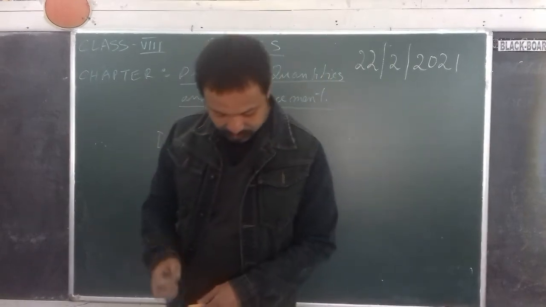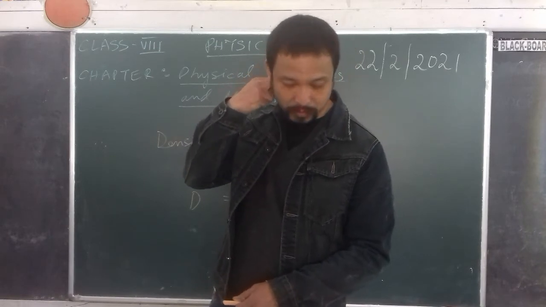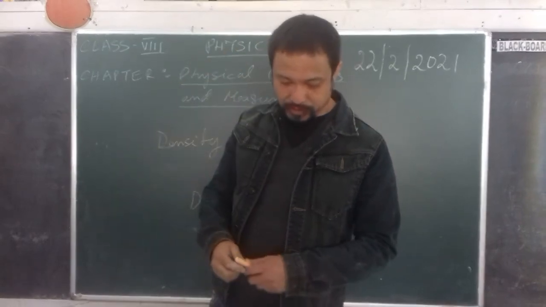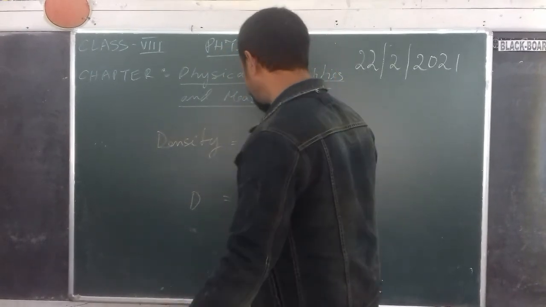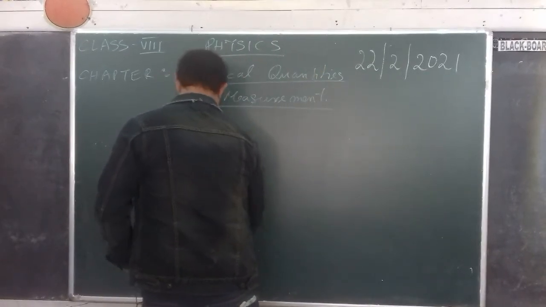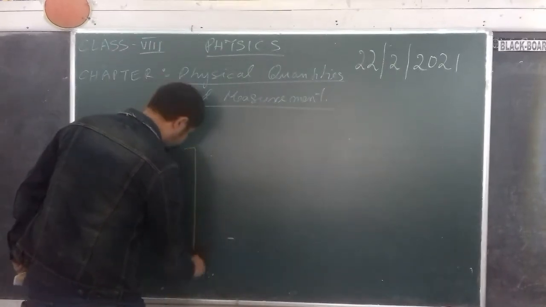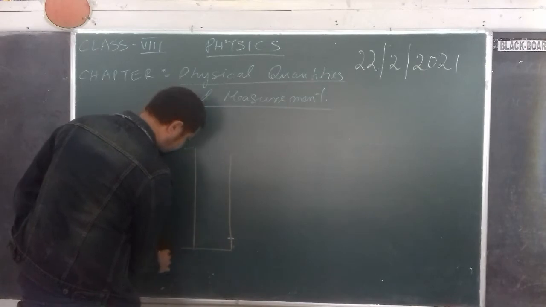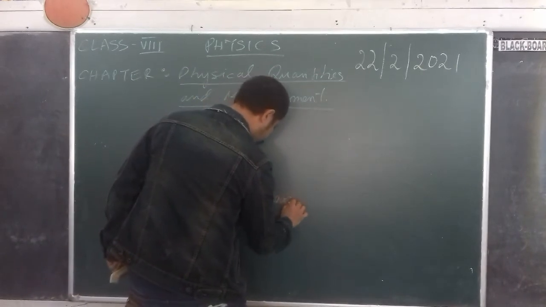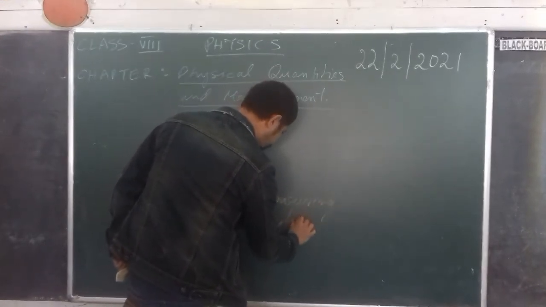What we need is a measuring cylinder, with the help of which you can measure volume. First and foremost, let's say there's a measuring cylinder.